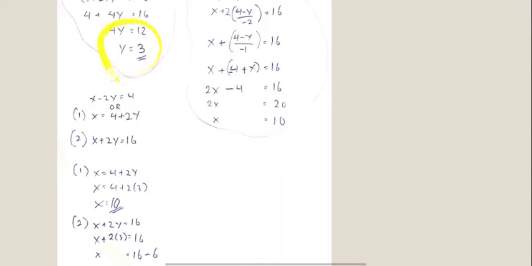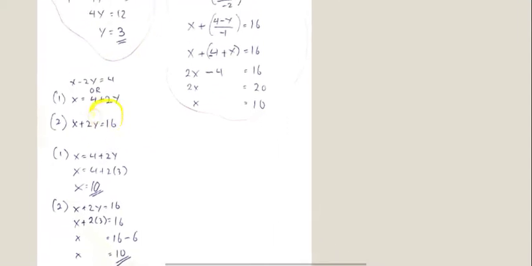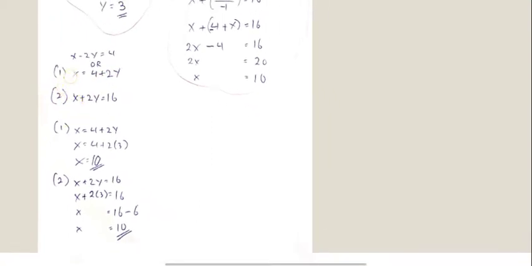Well, we already know the y is 3, right? So it's just the same as saying x equals 4 plus 2 times 3. 2y is 2 times 3, because y is 3. So x equals 4 plus 6, which is 10.